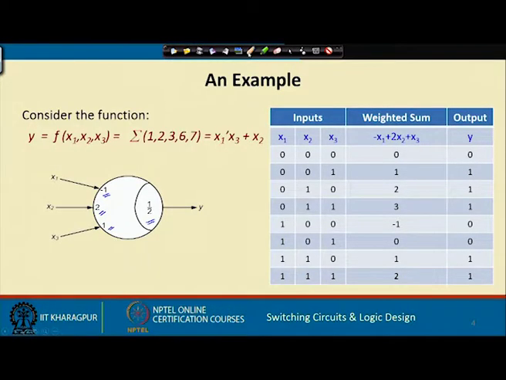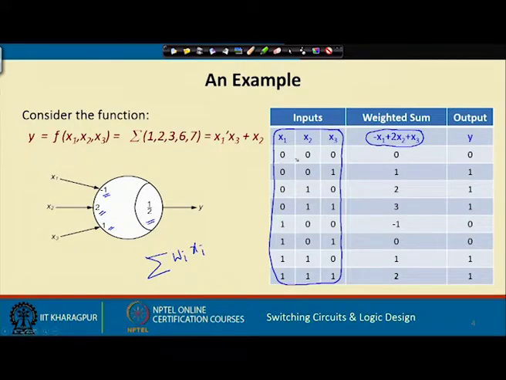Look at this truth table. On one side we have considered all possible input combinations of x1, x2, x3, and because the weights are -1, 2 and 1, we are computing the weighted sum, as I had said, weight multiplied by the inputs. So, here the expression will be minus x1 plus 2 x2 plus x3, which is this.